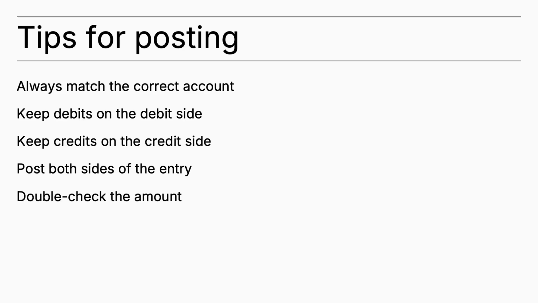Another key point is to double-check the amount before posting. Even a small mistake can affect the account balances later. Finally, don't skip any journal entry. Make sure every journal entry is fully posted to the ledger, because missing even one entry will make the records incomplete. If you keep these points in mind, posting becomes much more accurate and much easier to follow.